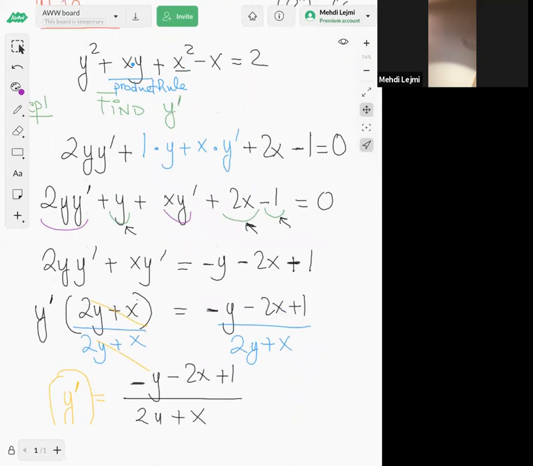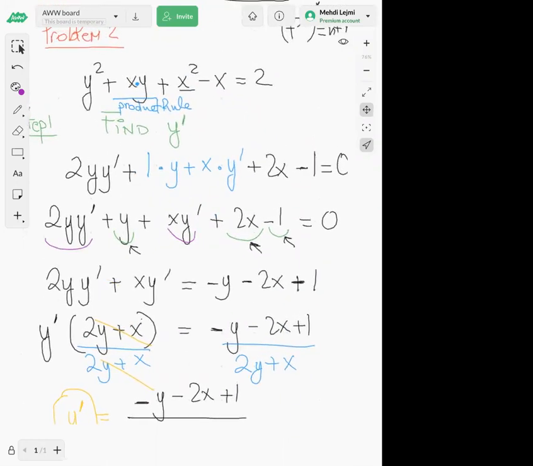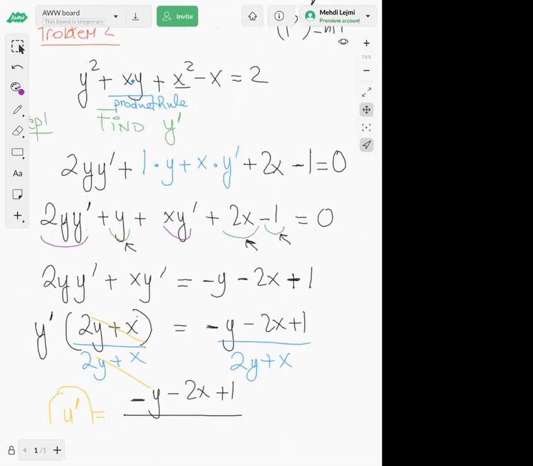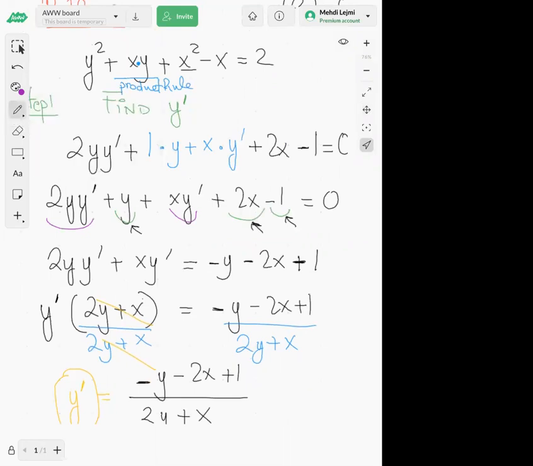Yeah, my mistake started like I got everything you have up to right before, I have the 2y prime y plus 1 times xy prime y plus 2x minus 1 equals 0.